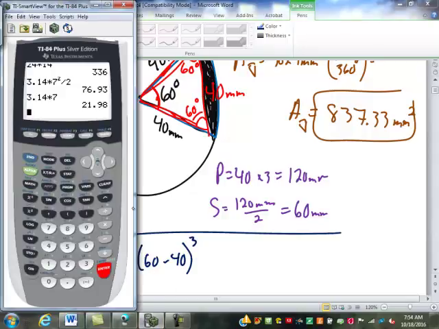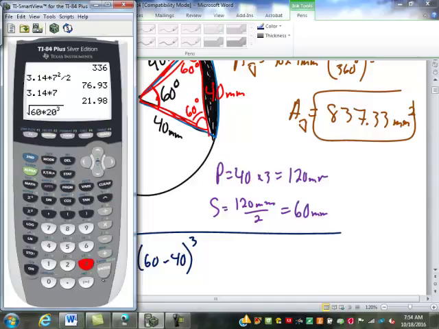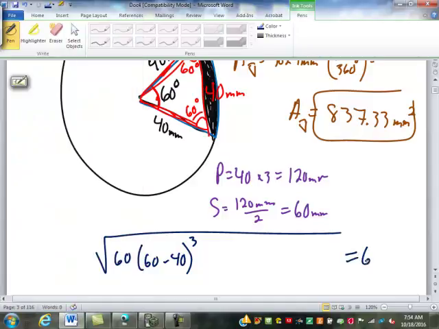So that is going to be the square root of 60 times 60 minus 40 is 20, to the power of 3. Gives us 692.82 millimeters squared.